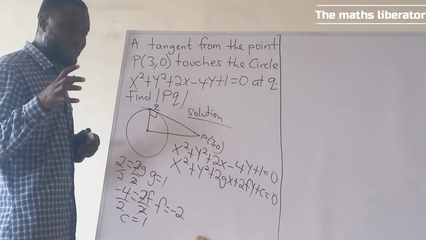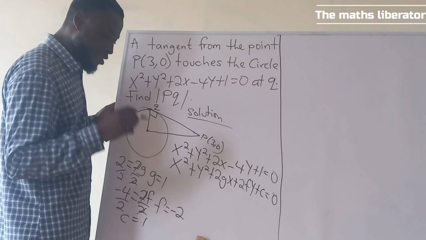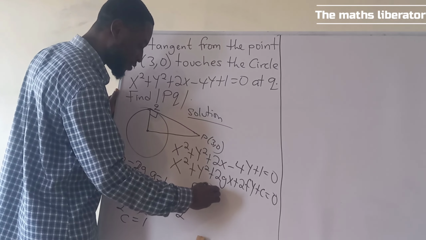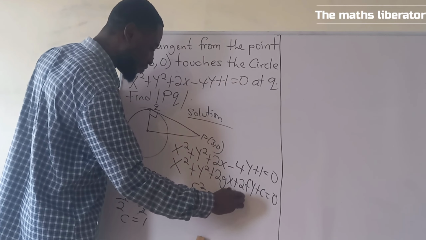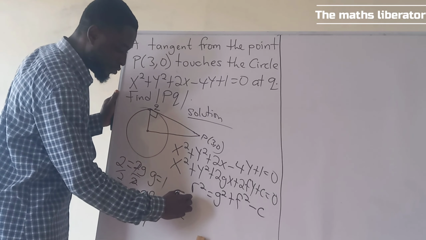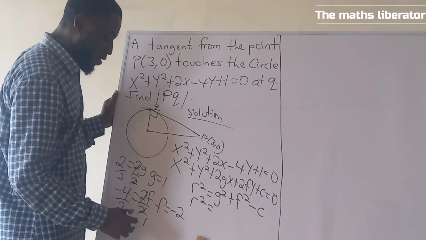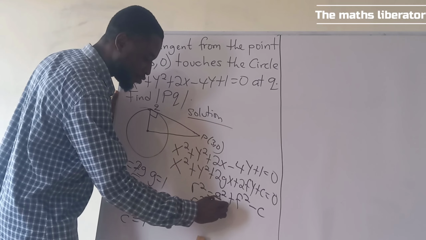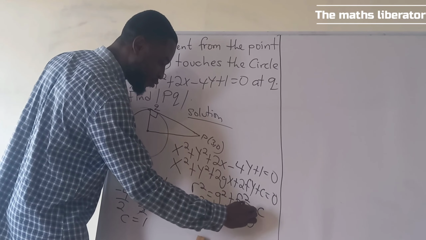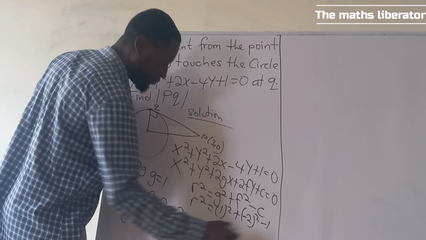After this, I can get my radius, because the radius is found using r squared equals g squared plus f squared minus c. Our g is 1, so 1 squared, plus our f is negative 2, so negative 2 squared, minus c, which is 1.